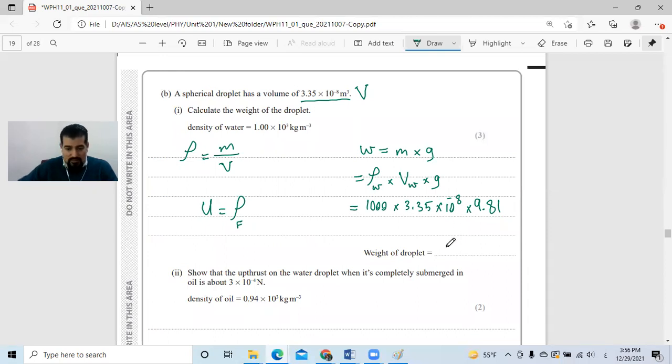It's exactly 32.9 times 10 to the power of negative 5, or let's say 3.29 times 10 to the power of negative 4. That's better. What's the unit? In newtons. This is the weight of the droplet: 3.29 times 10 to the power of negative 4 newtons.